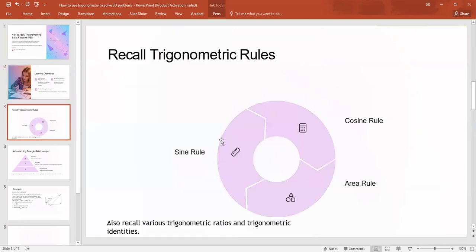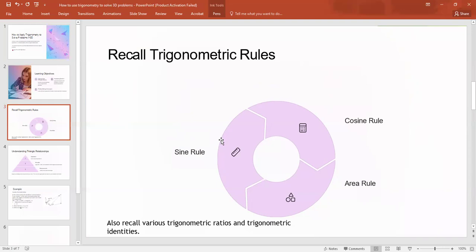You're advised to recall a few trigonometric techniques or principles or rules. Among these trigonometric rules, we have the area rule, the cosine rule, and the sine rule. With regards to the statement of these rules and when to apply them, you're advised to watch our previous video.